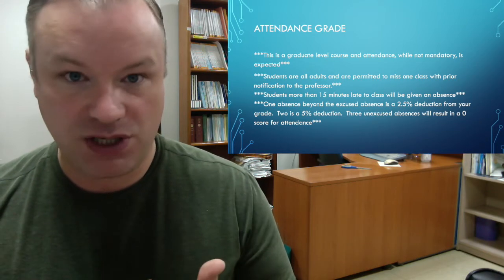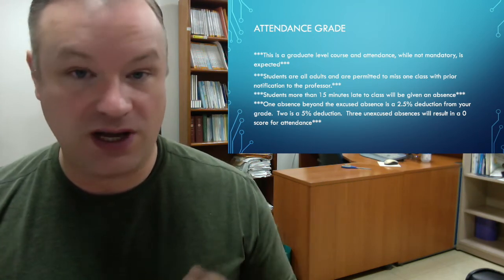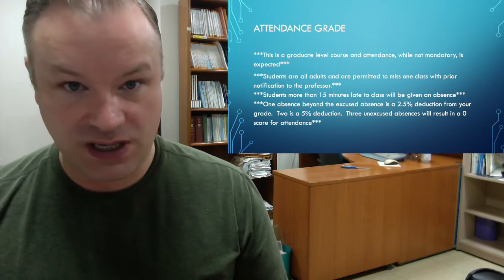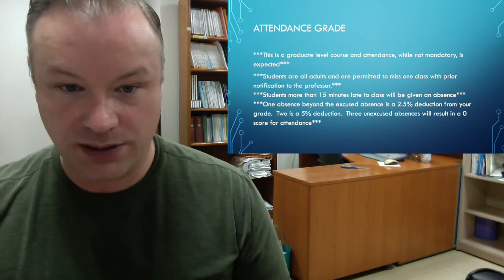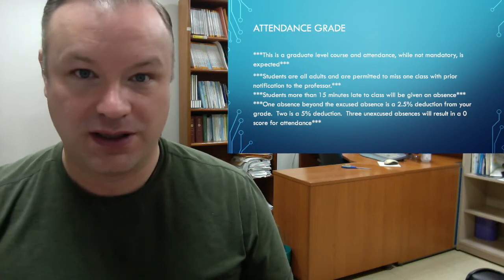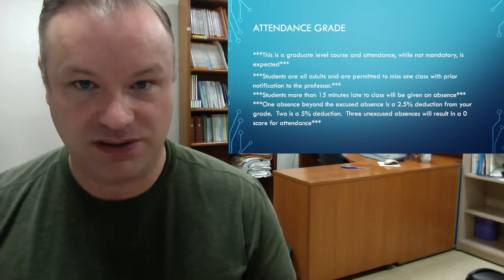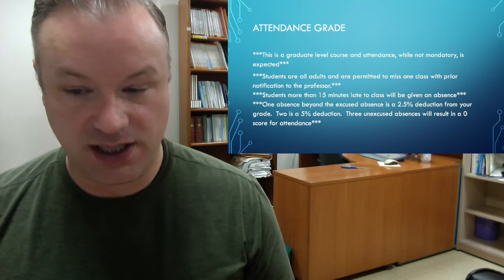But send me an email, send me a text, send me a Kakao, send me a smoke signal. I don't care. Just let me know. As long as the absence is excused, then I'm going to say, okay, they're an adult. They made an adult decision, and they get one free absence. Okay? I'm not going to count it at all in your attendance grade.